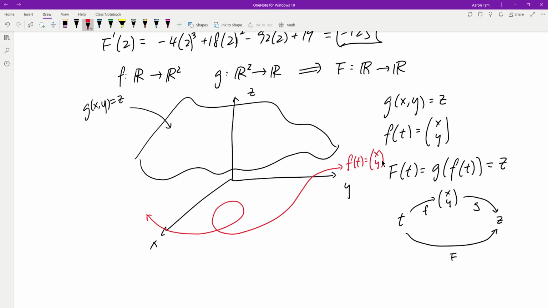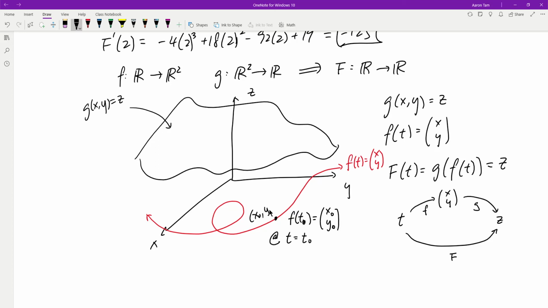Let's examine what happened at some particular point, say at t equal to some unknown value t sub 0. f of t sub 0 will yield a position x sub 0, y sub 0 on the xy plane. That would be this one point right here.